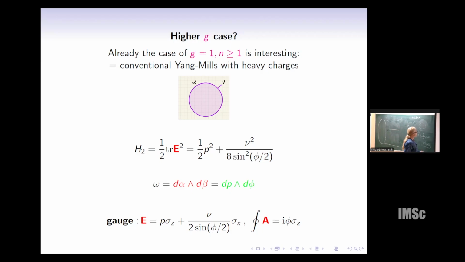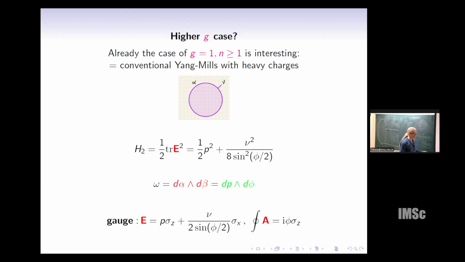When you compute the resulting value of the Hamiltonian, in the variables which are the eigenvalue of the gauge field and a zero mode of the electric field, the Hamiltonian has this form. That's a two-body version of the Hamiltonian I wrote previously for the many-body system, except that instead of the elliptic function, here I have its trigonometric version.